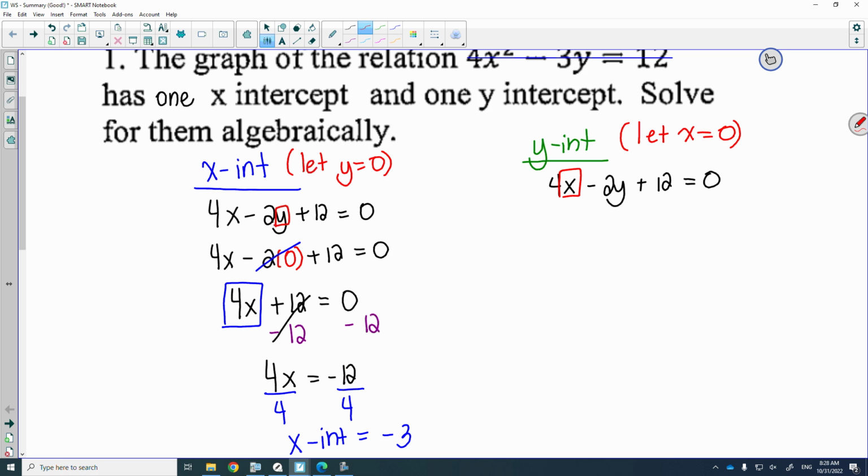So second step is to put in 0 for x. You can't skip that step if you're doing algebraic work. Here's where you could say, okay, 4 times 0 is 0. And then you could just write minus 2y plus 12 equals 0.